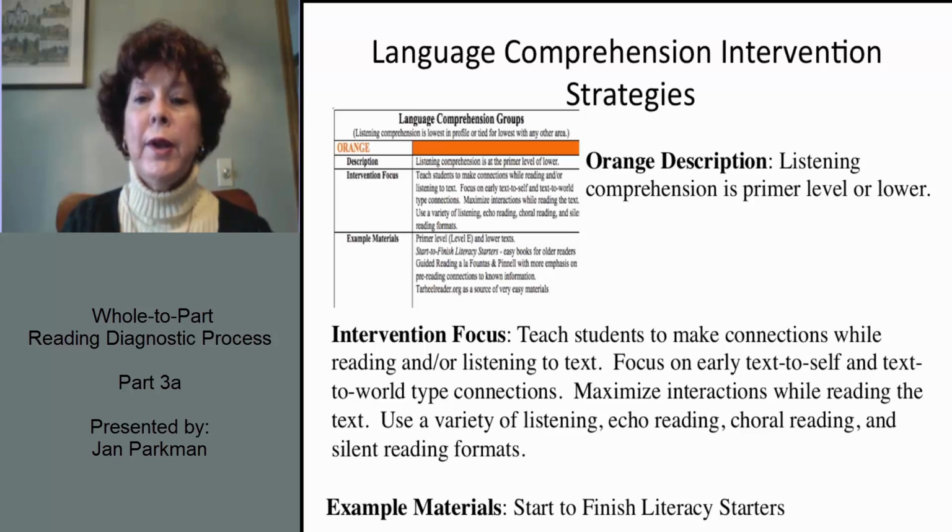Focus on early text-to-self and text-to-world type connections. Maximize interactions while reading the text, and use a variety of listening, echo reading, choral reading, and silent reading formats. An example of a resource that could be helpful at this level is the Start to Finish Literary Series, and these are a series of books that come from the Don Johnston Company.